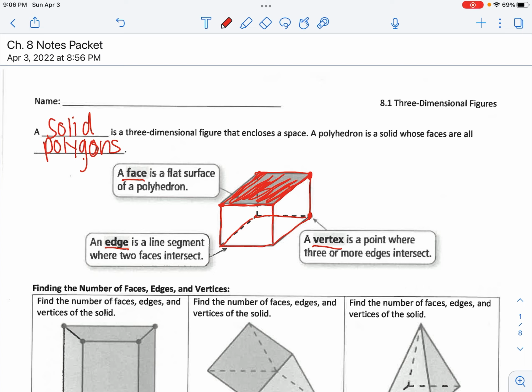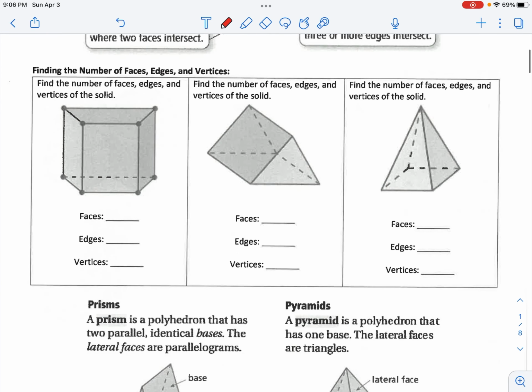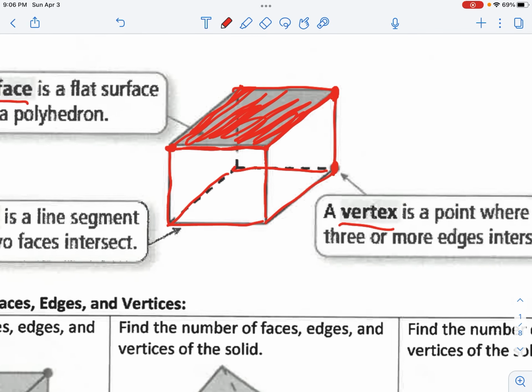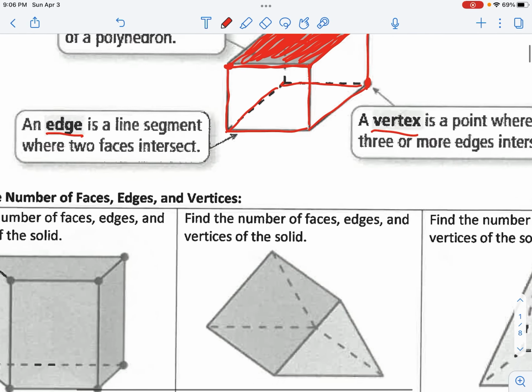So in these next few examples, we're going to be finding faces, edges, and vertices of these shapes. So it says, find the number of faces, edges, and vertices of the solid. Vertices, that's what I messed up earlier. Okay, so faces, like the shaded part, are the flat surfaces.